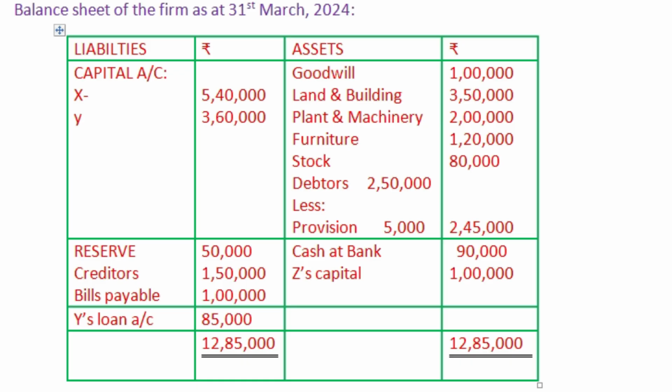It is already uploaded, and it will be easier for you to understand this problem. This problem is based on the Garner versus Murray principle used while solving a dissolution problem when a partner becomes insolvent. Okay, so let's go.